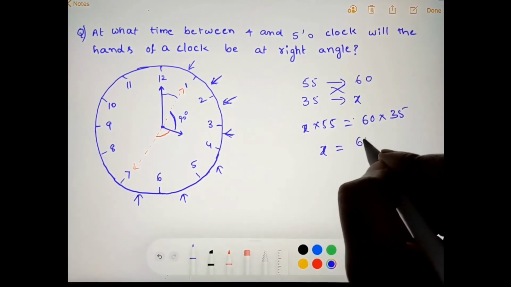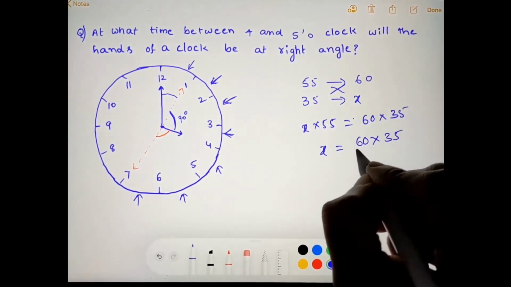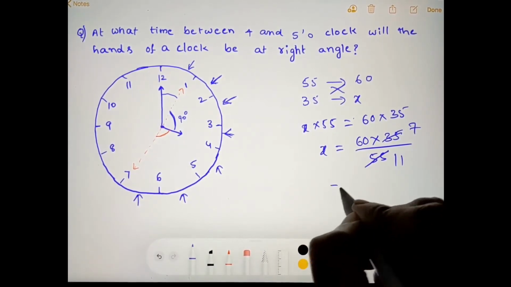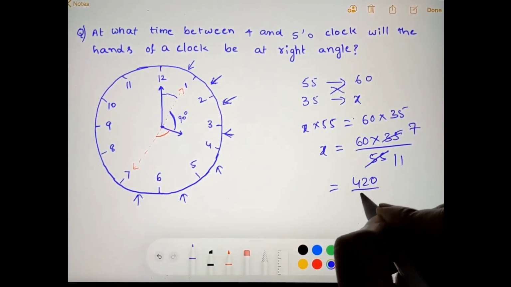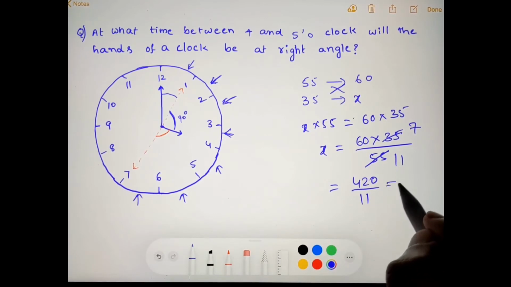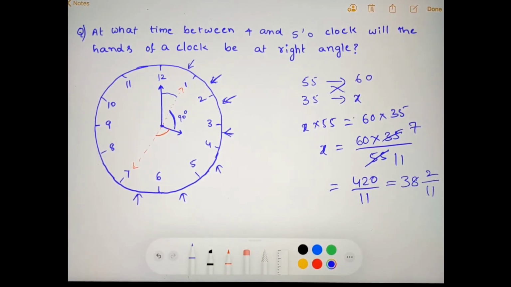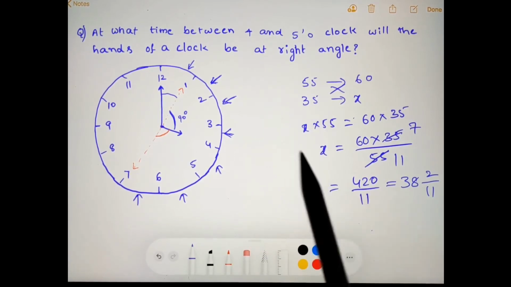X is equal to 60 into 35 by 55. 5 sevens and 5 elevens. 420 by 11. We can write this as 38 and 2 by 11. So exactly at 4 o'clock 38 and 2 by 11 minutes it will form another right angle.